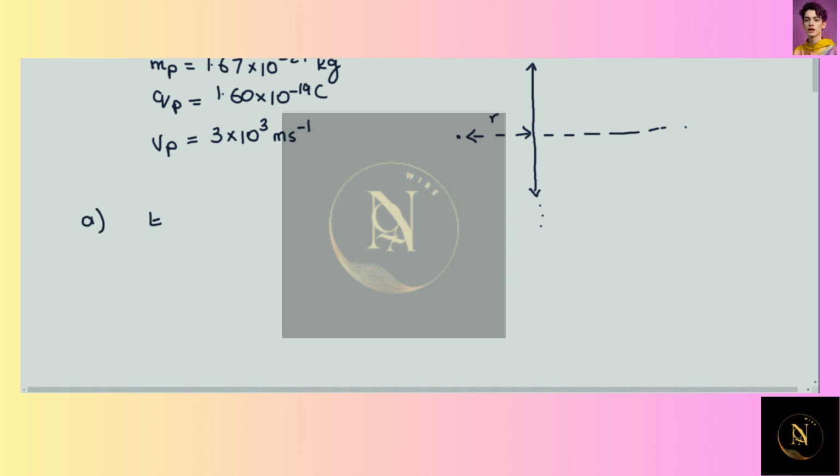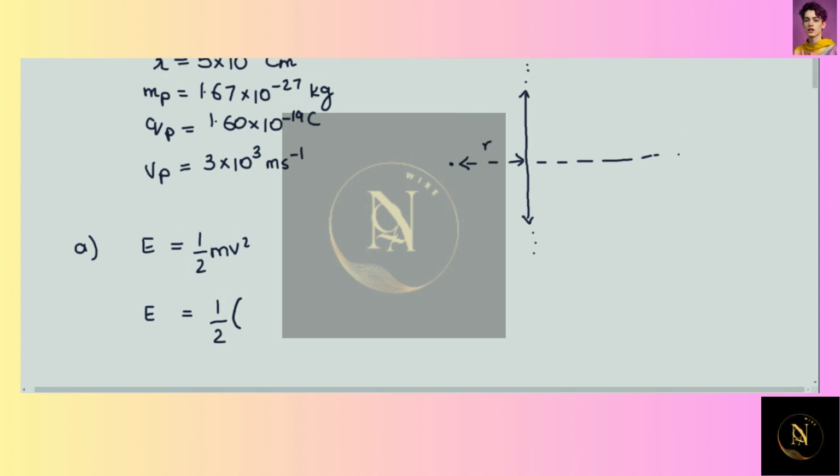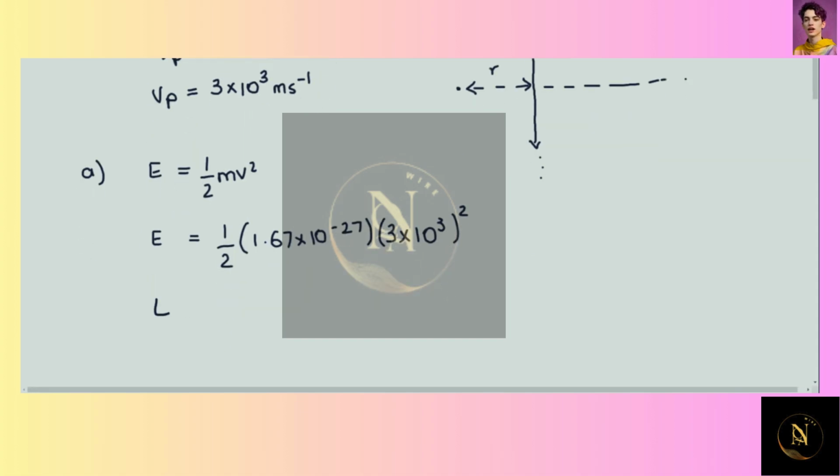So that would be E is equal to 1/2 mv squared, and that just gives us E is equal to 1/2 times the mass of the proton, which is 1.67 into 10 to the negative 27 kilograms, times the velocity, that is 3 into 10 to the third power, the whole squared.